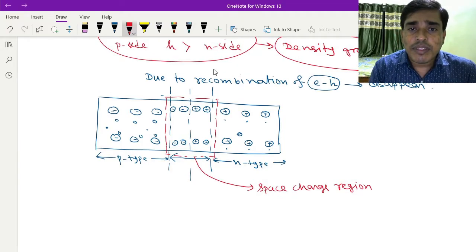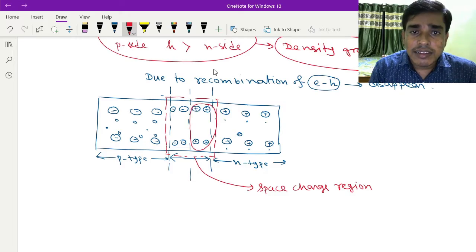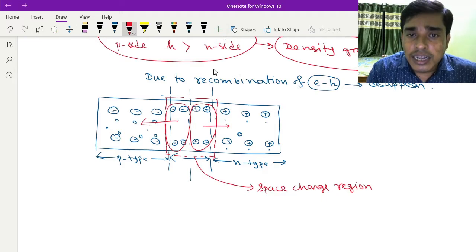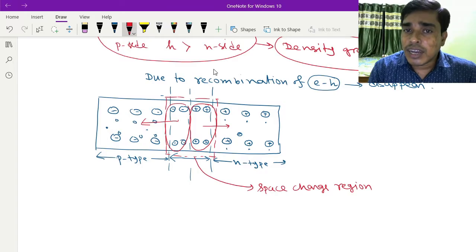Here you see that there are positive ions in this region and negative ions in this region. So all the holes from the p side are depleted from this junction and all the electrons are depleted from this junction, due to the repulsive force of these ions.